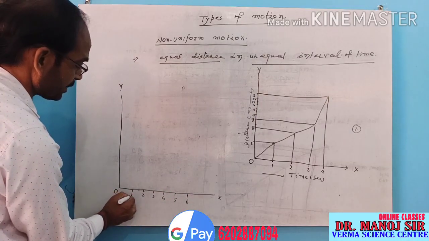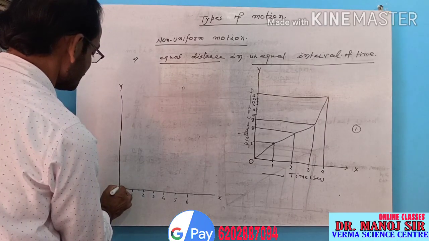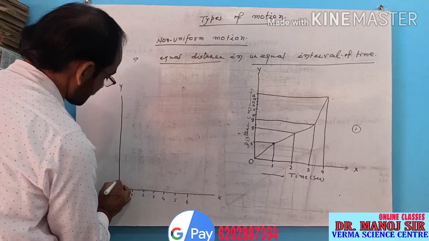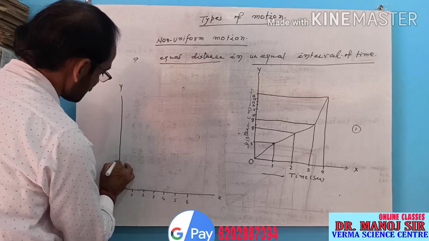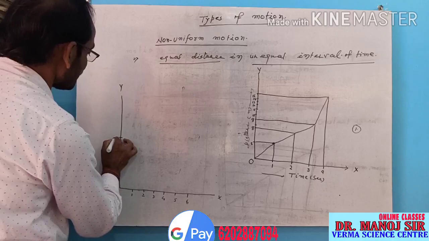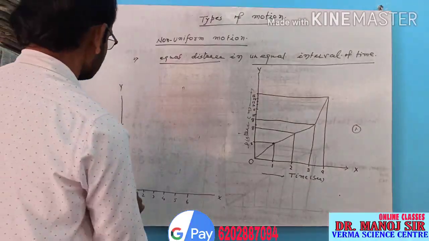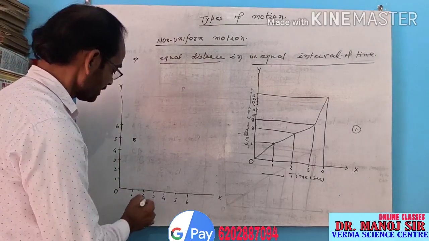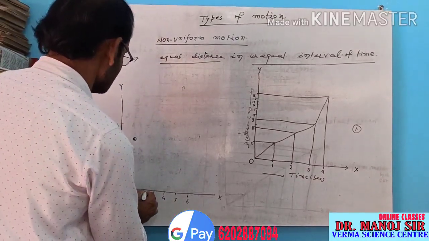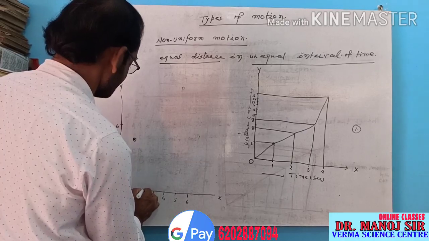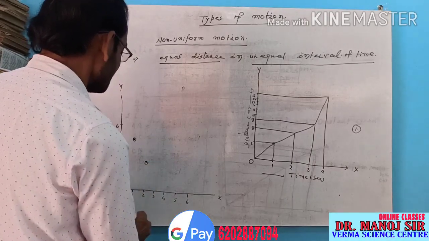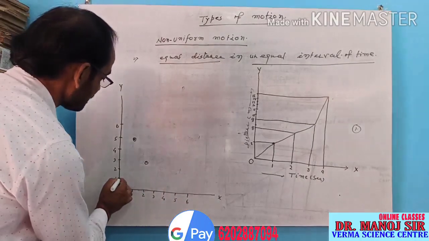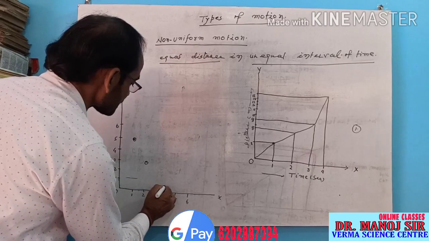In the first interval of time, 1 second, a car travels 5 meters distance, but in the second interval of time it travels 3 meters. In the fourth, the motion of the car becomes much larger and comes to 1 meter per second.